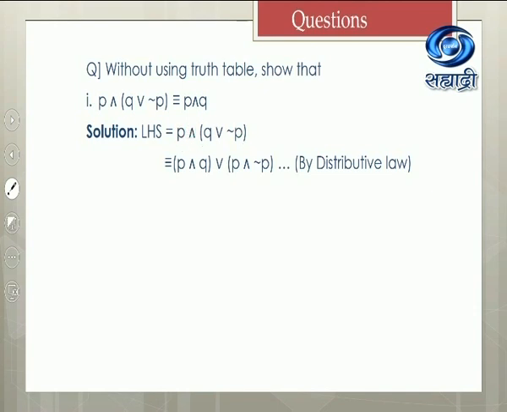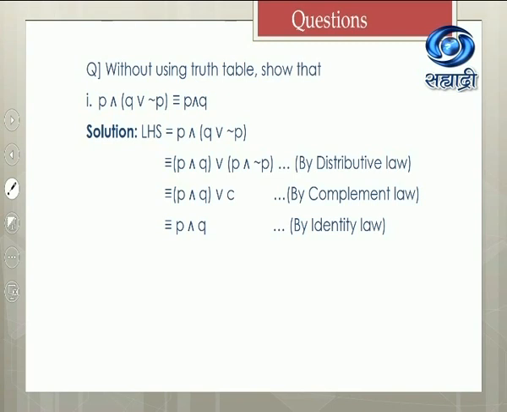P and (Q or R) becomes (P and Q) or (P and R). Now this becomes P and Q or, P and negation P is C by using complement law. If any statement is with C, what do we get? P and Q by using identity law. In this way, we have obtained the RHS. So therefore, the given statement is equivalent to P and Q.